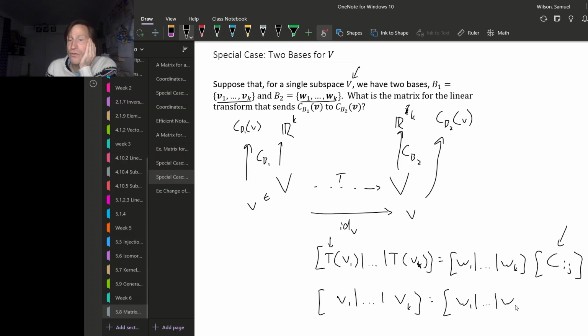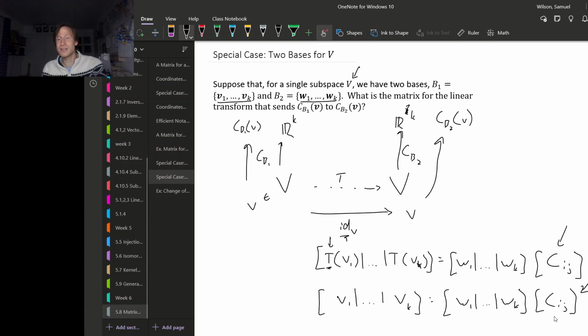So for this special case, where we're just changing the basis, we aren't actually doing a linear transformation, we can find this matrix in exactly the same way, but what this matrix is doing is slightly different. Instead of expressing the images of the v's in terms of the w's, it actually expresses the v's themselves in terms of the w's. And that's because the transformation is really just the identity transformation.